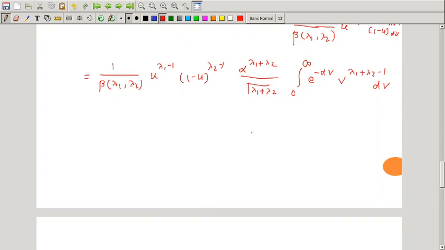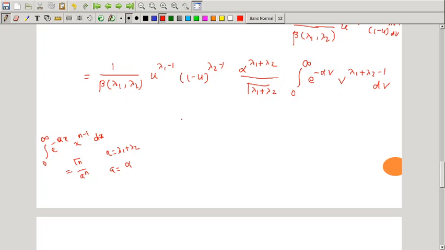We know the result of the gamma function: the integration over 0 to infinity of e raised to minus a x, x raised to n minus 1 dx, is nothing but gamma n upon a raised to n. So here n is equal to lambda 1 plus lambda 2 and a is equal to alpha.